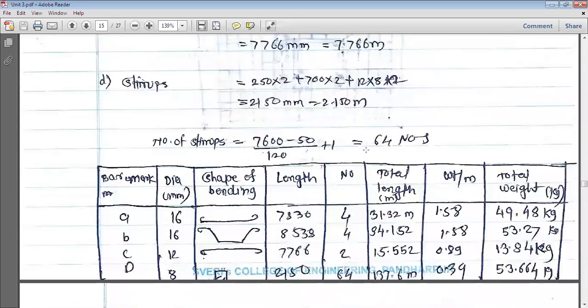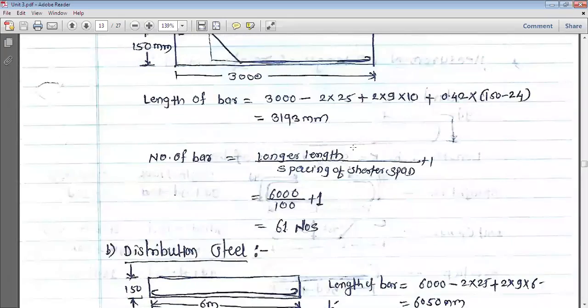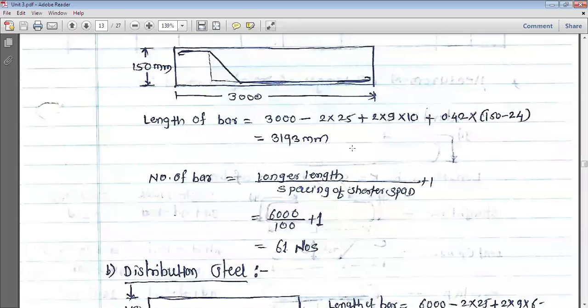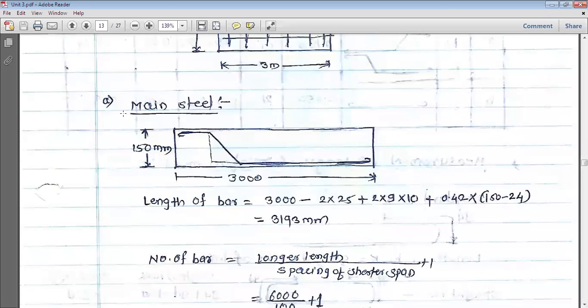Okay, we will continue with our problem. Where we are at? Yes, finding out the number of bars. So the number of bars will be equal to, again here is one correction. The correction is for the main steel: number of bars equals the longer length minus clear cover.